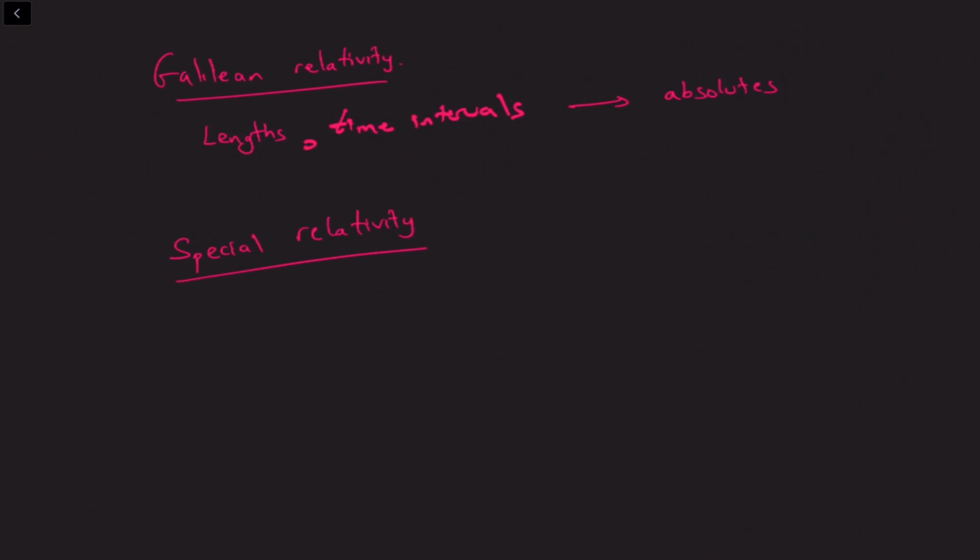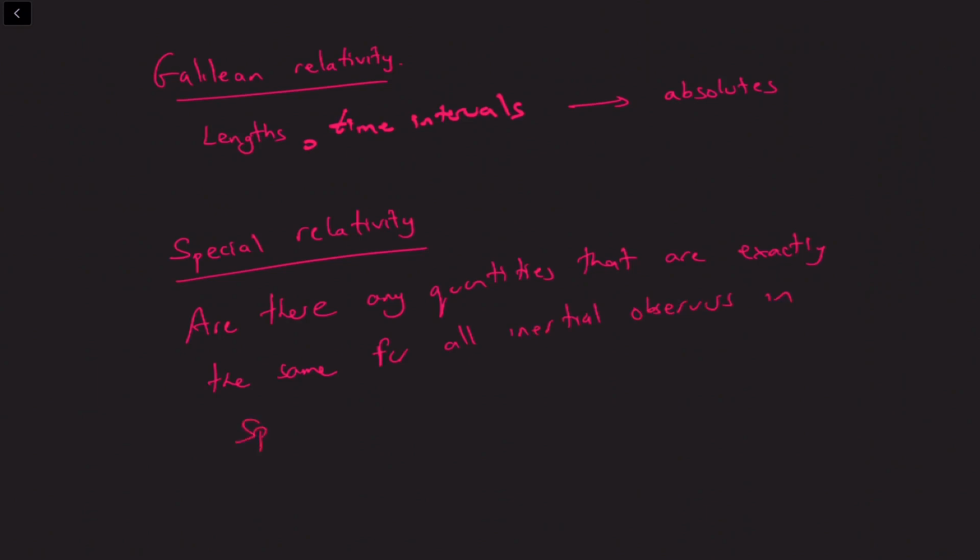That is, are there any quantities that are exactly the same for all inertial observers in special relativity?